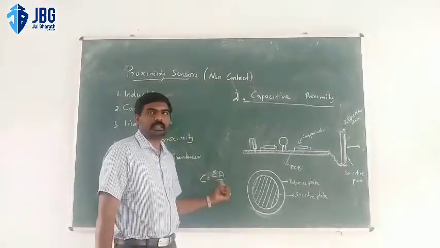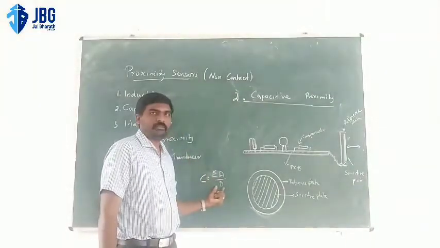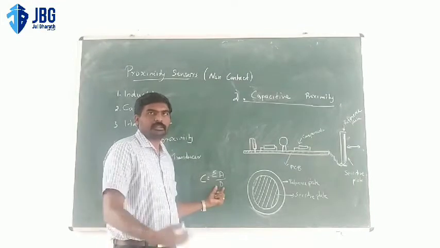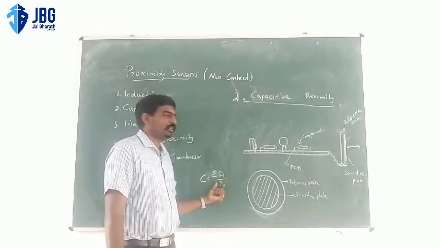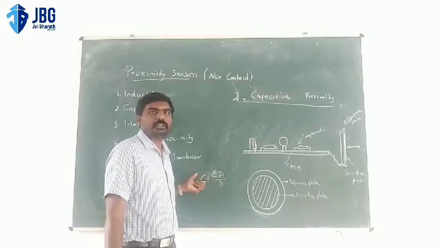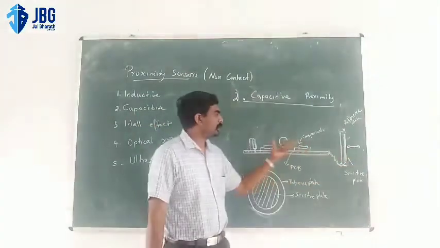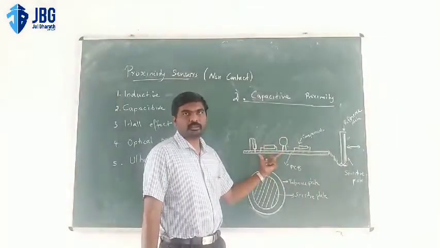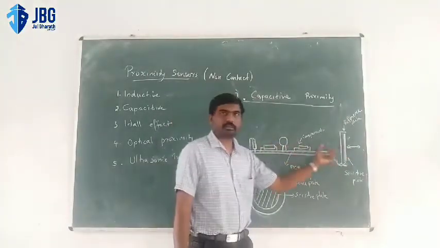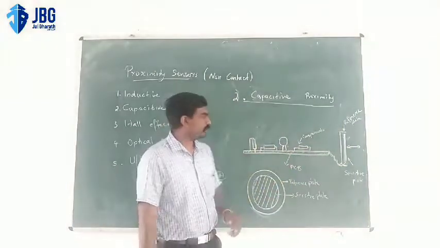C is equal to epsilon A by D, where D is the distance between the parallel plates. When D changes, the value of C also changes. This capacitor is a part of the oscillatory circuit.